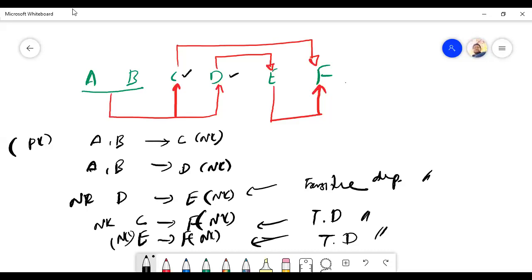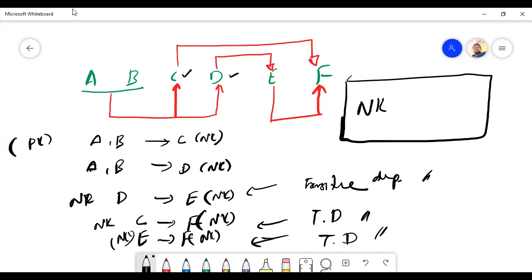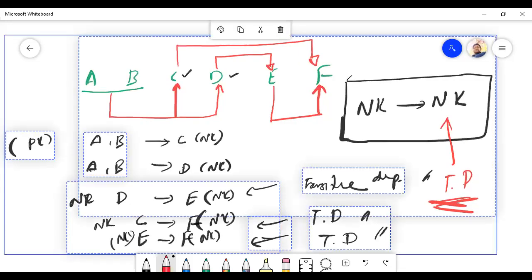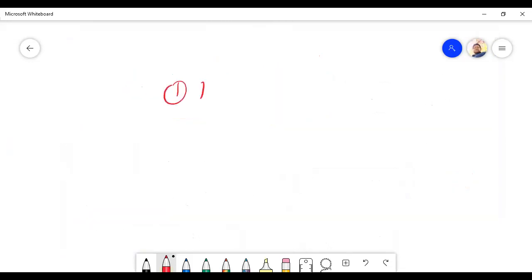Transitive dependency is simply this one: a non-key depends on another non-key. Simply, we can say this is the transitive dependency case. Okay, right. So now you know about FD.